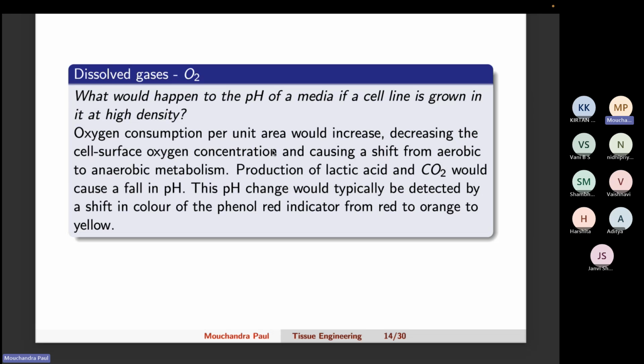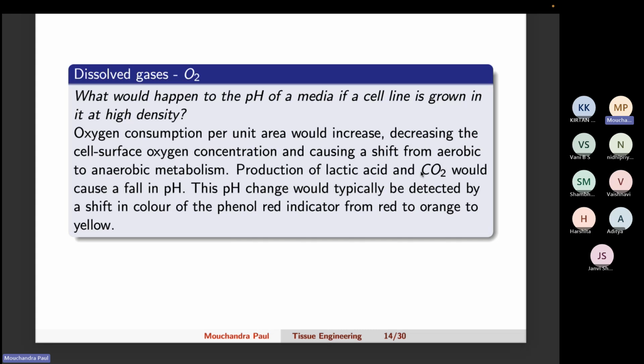There will be less dissolved oxygen available in the medium, and that will cause a shift from aerobic respiration to anaerobic respiration pathways. And as happens in our body as well, during anaerobic respiration there is production of lactic acid, and this lactic acid production will cause a reduction in pH level.